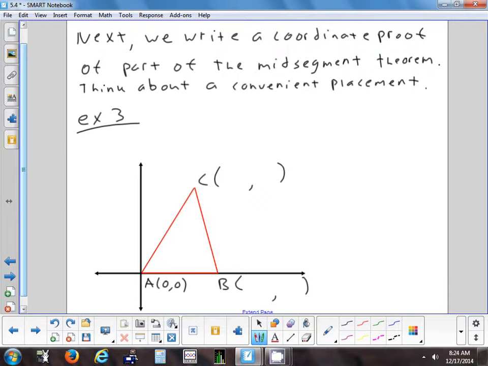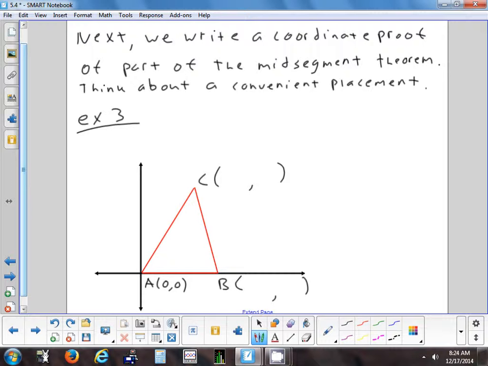Right, now we've got to come up with the coordinates for the other vertices. Now, keep in mind, we're going to be working with mid-segments. So if you're going to be finding a mid-segment, that's what's in the middle. It's the average of 2 points. It's the average of the x's and the average of the y's. How do you average 2 things?